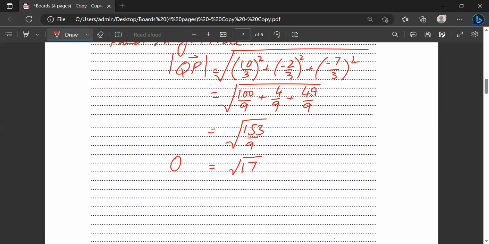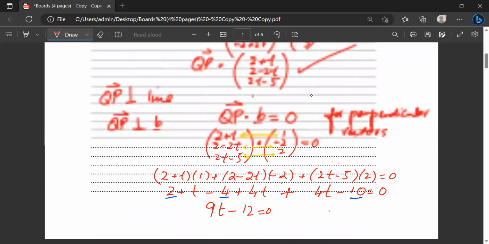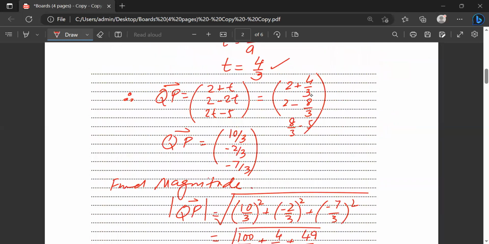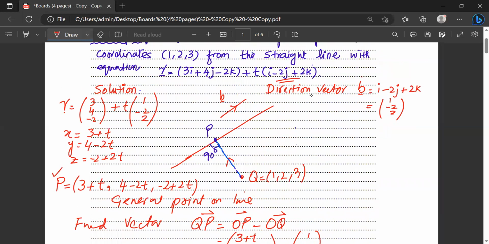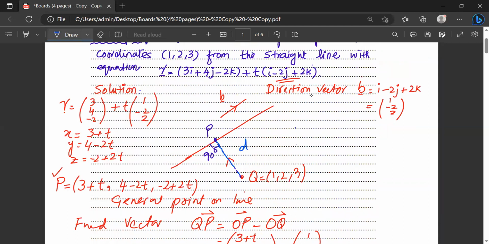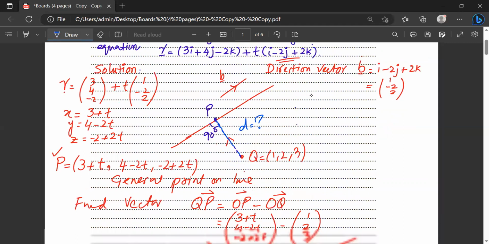So the magnitude of the QP vector is the distance of the point from the line. If I label this as D, the distance of the point from the line, D is equal to root 17.